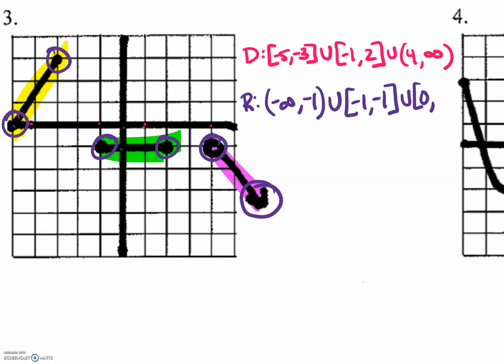If I count from the origin, that would be 1, 2, +3. It has a bracket because of the closed circle. Now if I take a look, see how there's not a gap between -1 and -1. So that means I can cross through that and squeeze that together to make one interval. So this right here would be your final answer for your range.